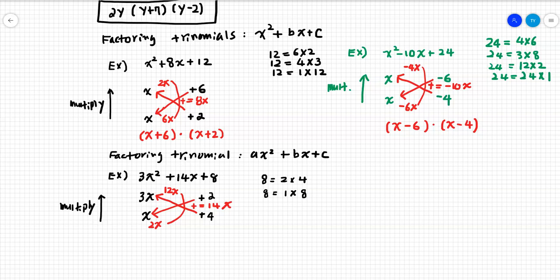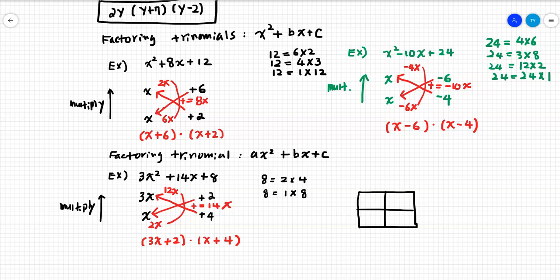So now we're going to write it in factor form. We get 3x plus 2 times x plus 4. One way to find out whether your factor form is correct is to multiply these two factors using a box if you want.